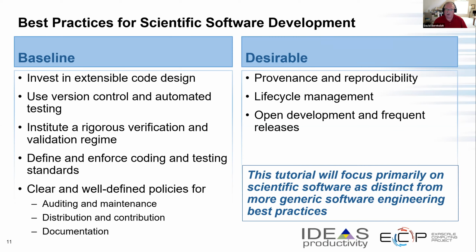So we're going to focus on aspects of these kinds of issues that are really particular in various ways to scientific software, and let you look elsewhere for some of the more generic software engineering best practices and help with those.